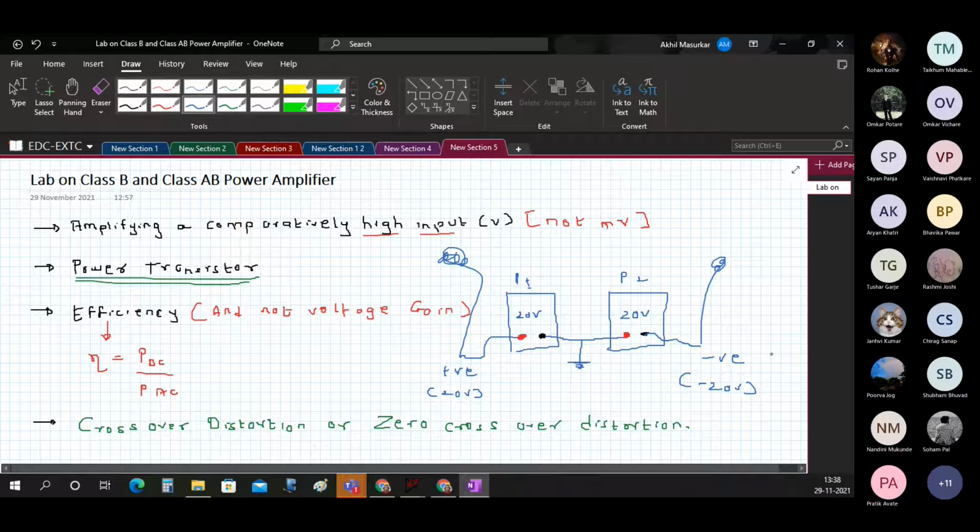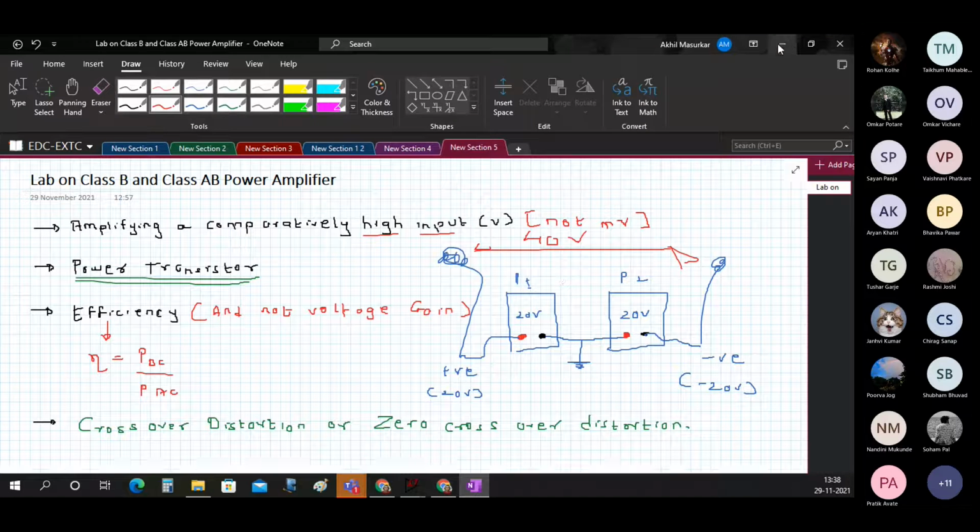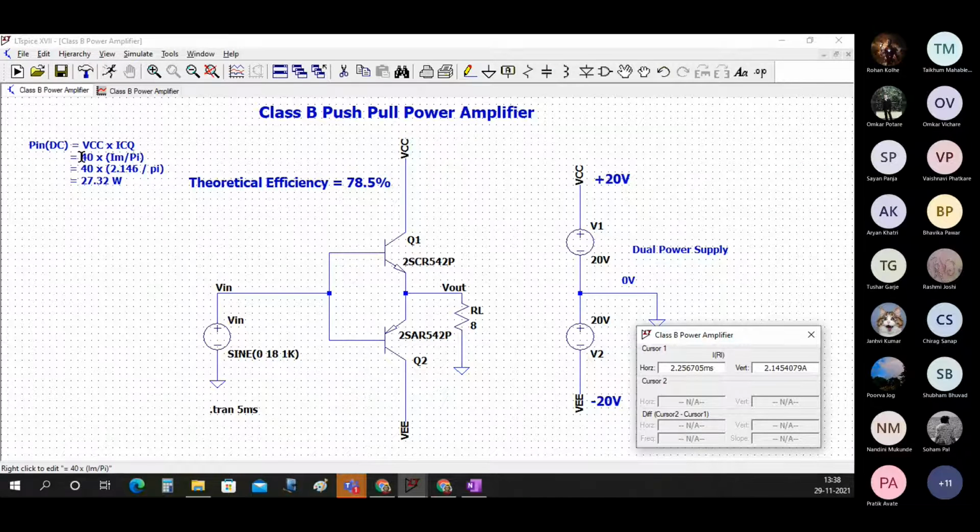So 20 minus minus 20 would be 40 volts, end to end. So you can have a swing of 40 volts. That is why VCC here is 40. Im, like we measured, is around 2.146, divided by pi. If you calculate this, are you getting 27.32?